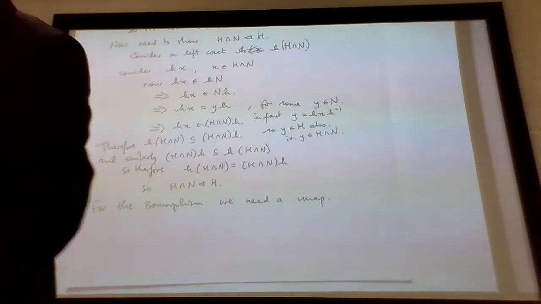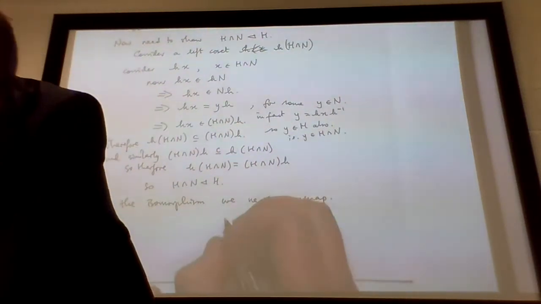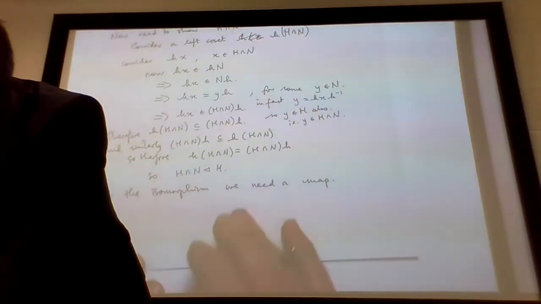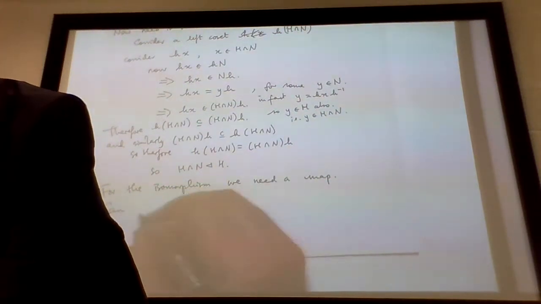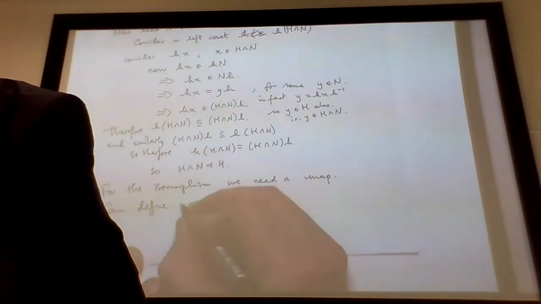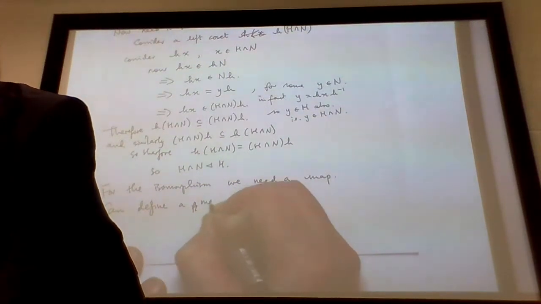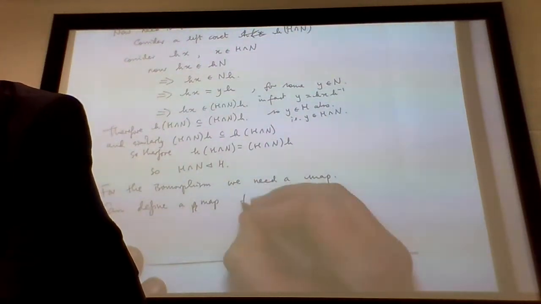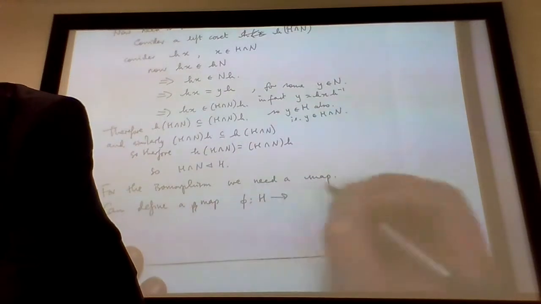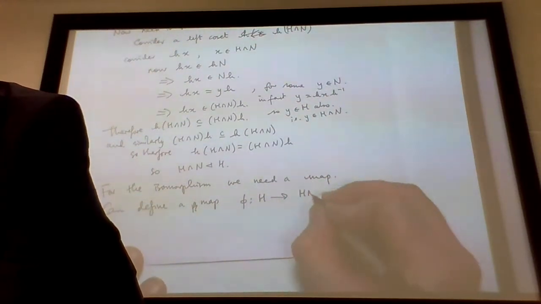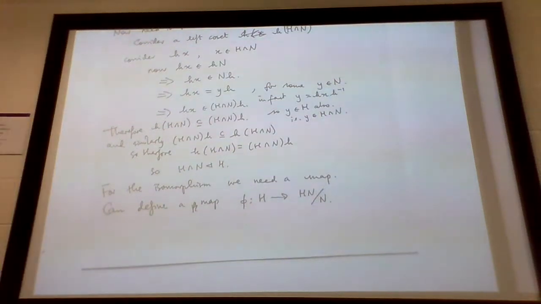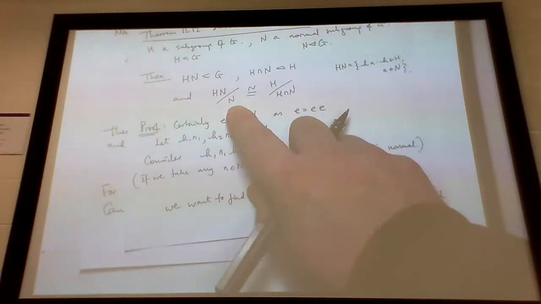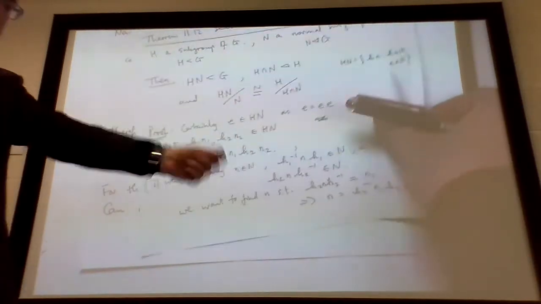So we can easily define a map phi that goes from H to one side, the group on the left, the factor group of H times N by N.